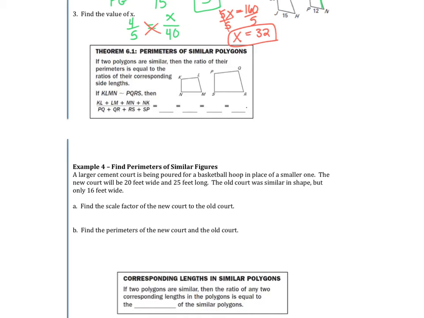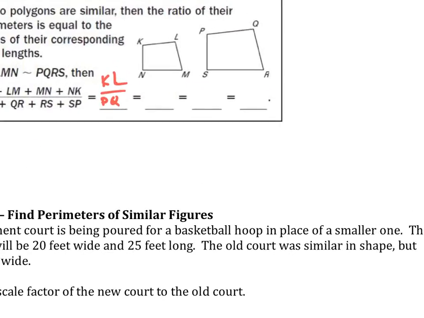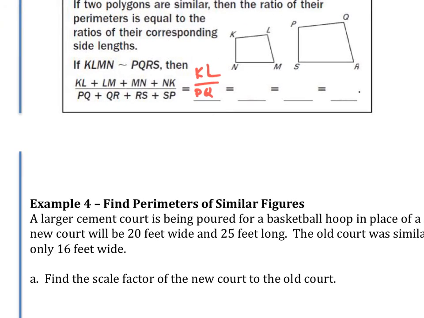So if you add up all the sides, it'd be equal to KL over PQ, which is also equal to LM over QR, which is equal to MN over RS and NK over SP. So these are all equal to each other, the perimeter and then each of the fractions or ratios of the corresponding sides.